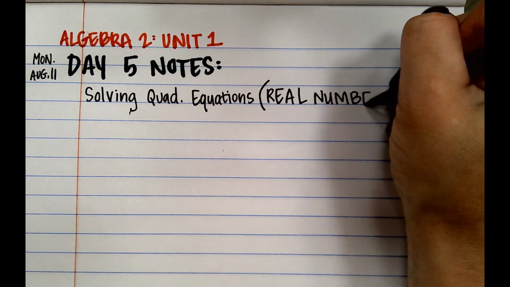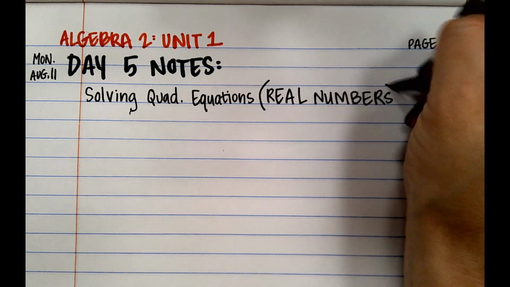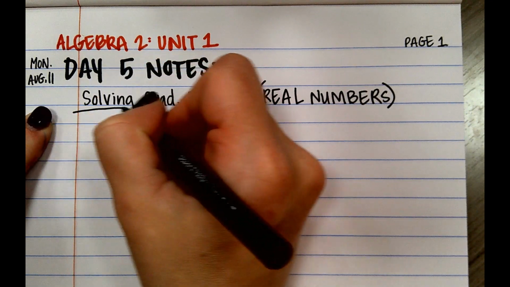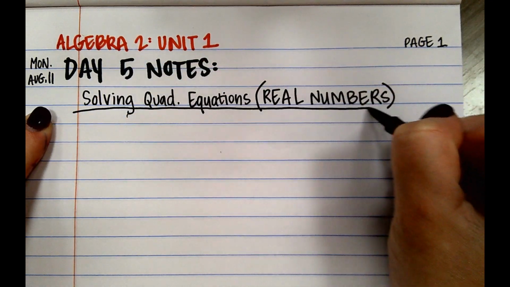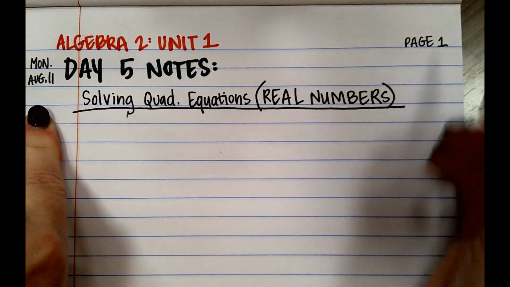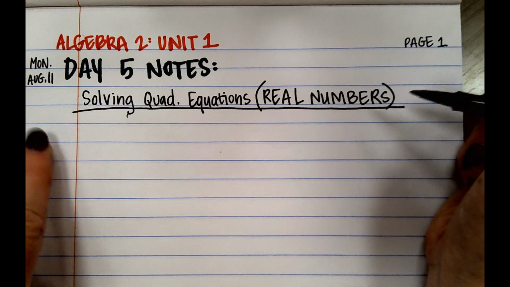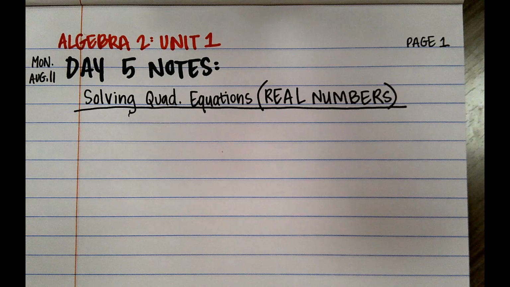And I write that because this way when you look back at your notes, you'll be able to tell the difference between where we're solving for real numbers and where we will be solving eventually for imaginary numbers. Those are things. Imaginary numbers exist.